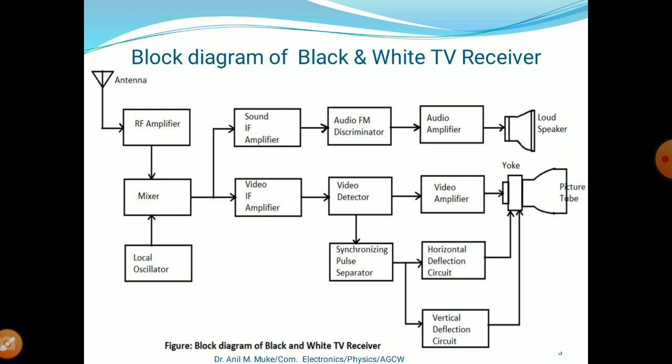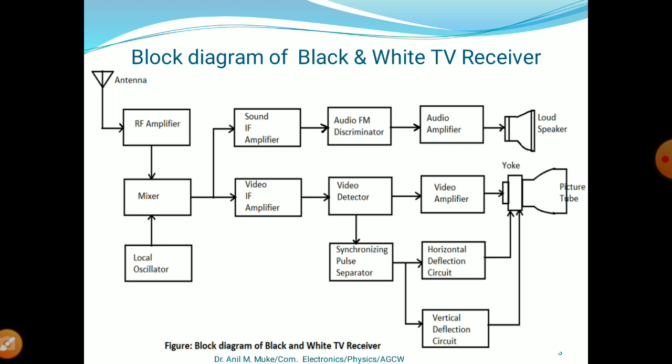This radio frequency amplifier, which also contains the tuner circuit, gives that energy to the mixer, and what the mixer is doing is mixing that radio frequency with the local oscillator frequency to give the two intermediate frequencies, the sound intermediate frequency and the video intermediate frequency, which are amplified by particular amplifiers.